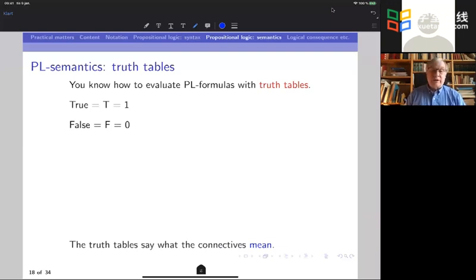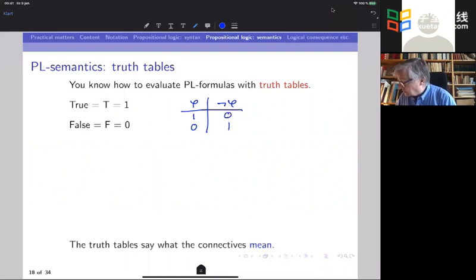So when you have that, you can write some familiar truth tables. Let's write a table for negation. So here is phi, here is not phi. There are 2 possibilities for phi. It's true or false, and then the negation turns that around. So that's what you can say about negation.